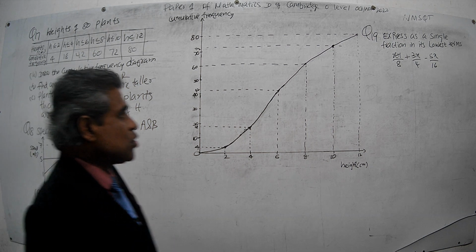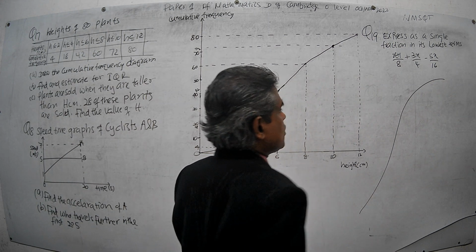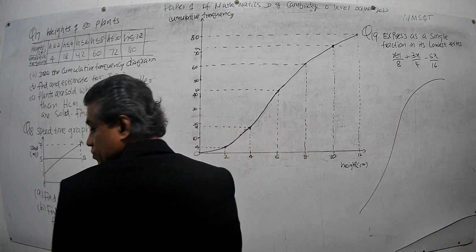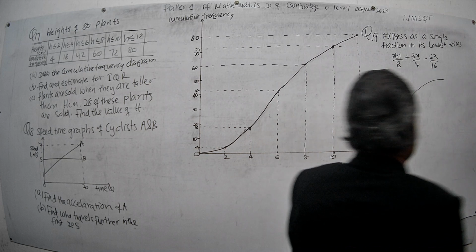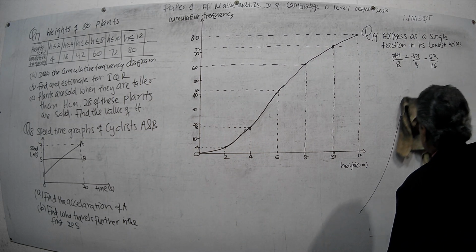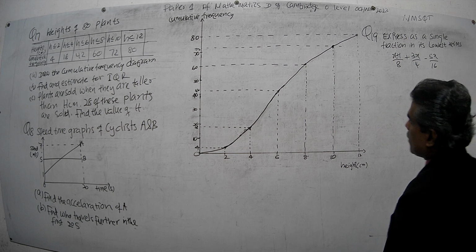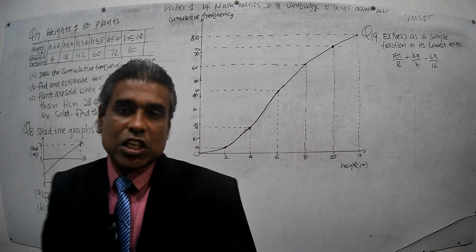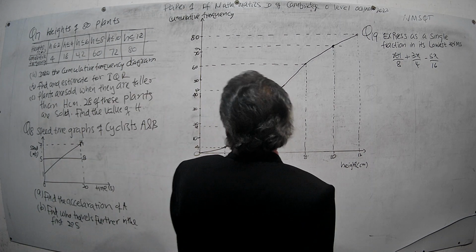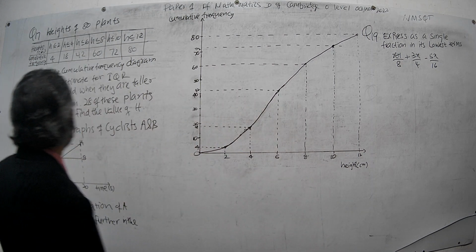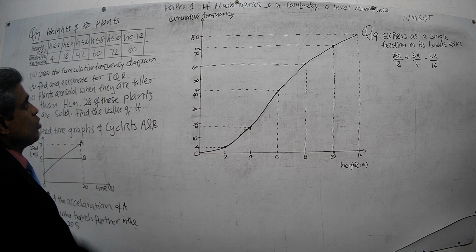When you draw on graph paper, you will get an S-shaped curve like this shape, right? That is the general shape of a cumulative frequency graph. There are variations, but that is the general shape. You will get the shaped curve if you draw on a coordinate plane. Anyhow, now we have drawn the cumulative frequency graph.